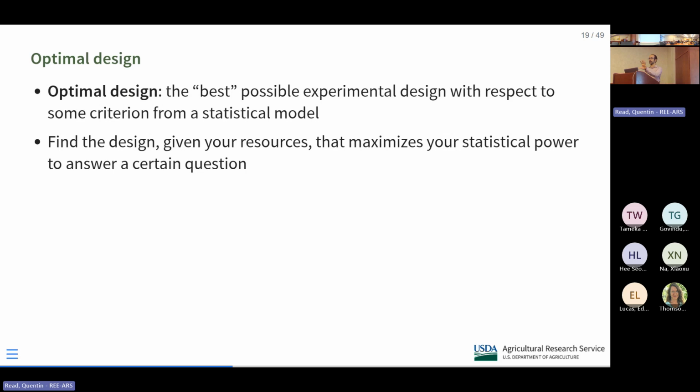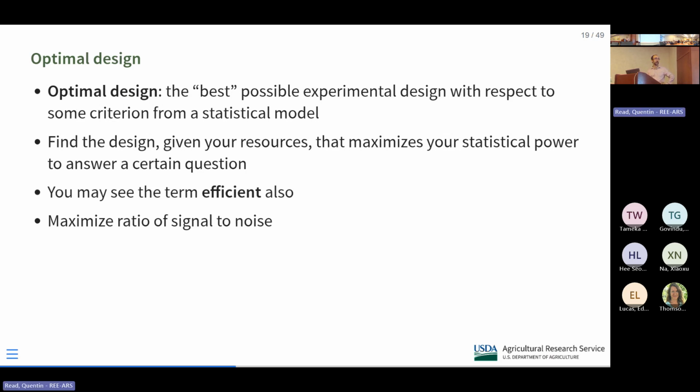If you have a certain number of mice or agricultural plots of land, and you have a scientific question, there's a design that maximizes the statistical power to answer that question. Power being the probability of detecting a phenomenon that exists. And some people call that efficient design.